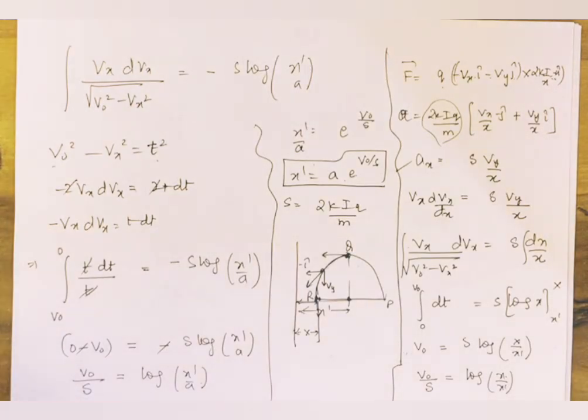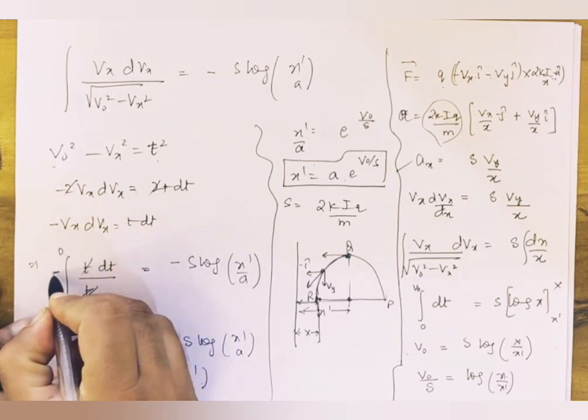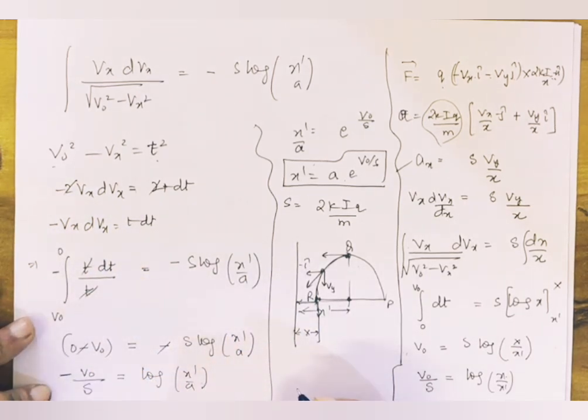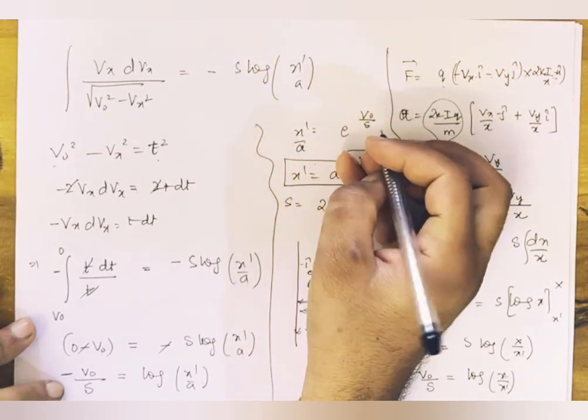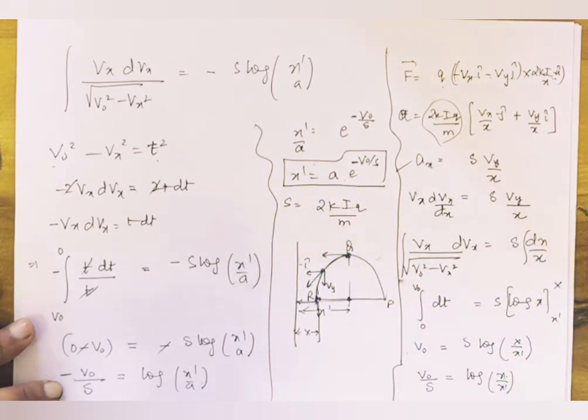One small error I have done in the question, this minus sign I forgot to take, and because of this minus sign, one minus will remain. And this will be actually minus, so this will go here and minus will get. Okay, here there is no problem of minus.